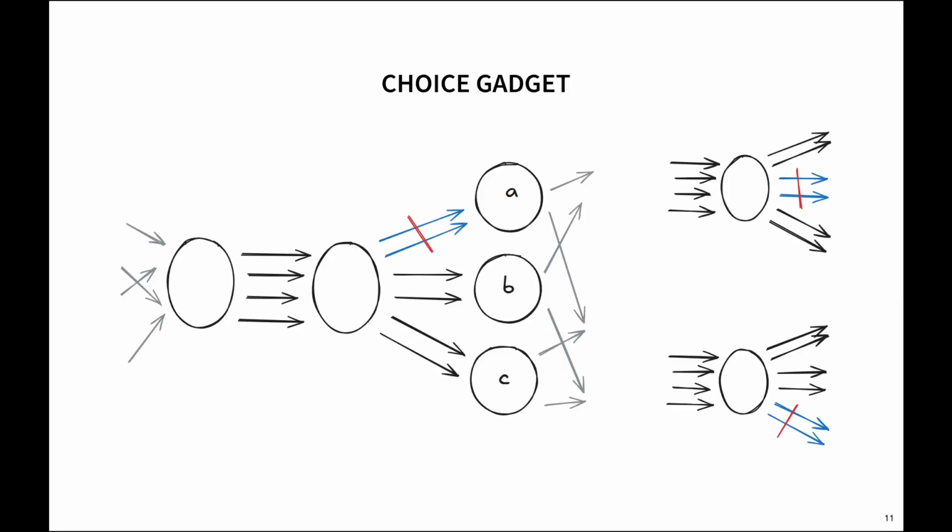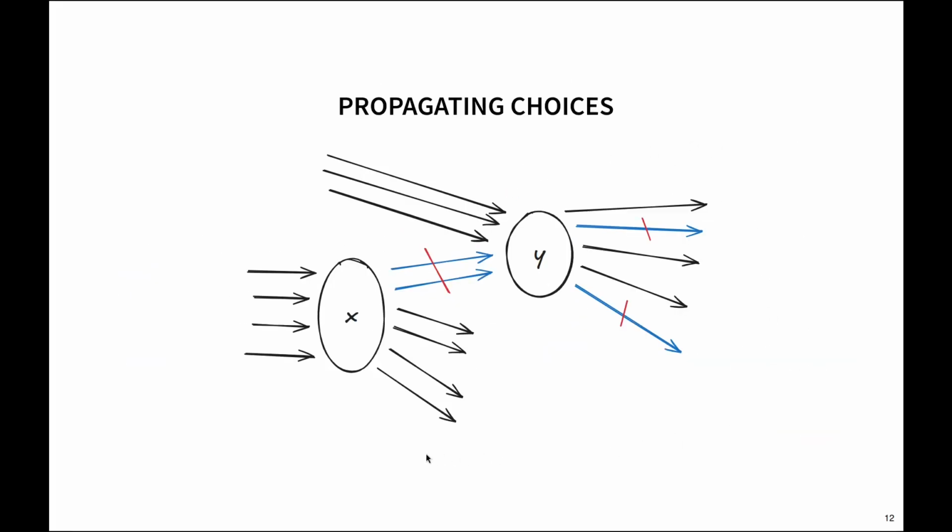These two gadgets in conjunction allow us to make a choice gadget. If you have undeletable edges here on the left, then to make this middle vertex balanced, you need to cut one of these pairs, which makes one of three choices. You can then propagate this choice further, because whatever you choose may become imbalanced. So to make it balanced, you need to remove some further arcs.